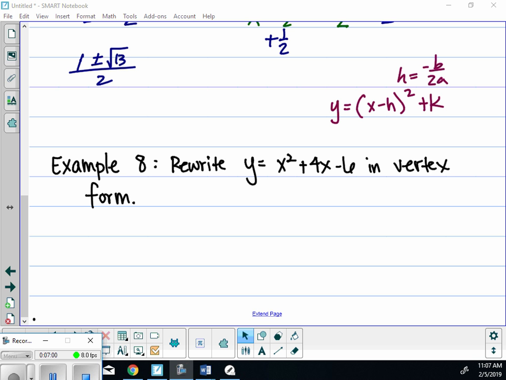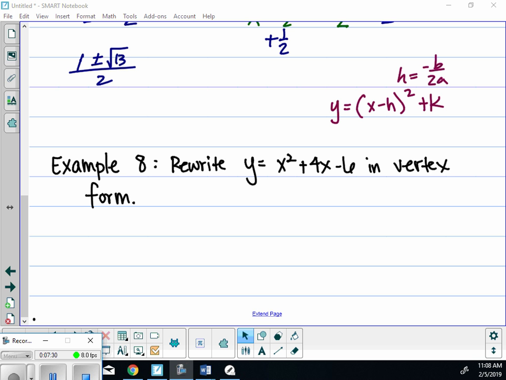So we can't just divide and get rid of numbers. Okay. We can factor things out, but they are still going to stay there and exist there. So it's a little bit different when we look at vertex form versus solving an equation.